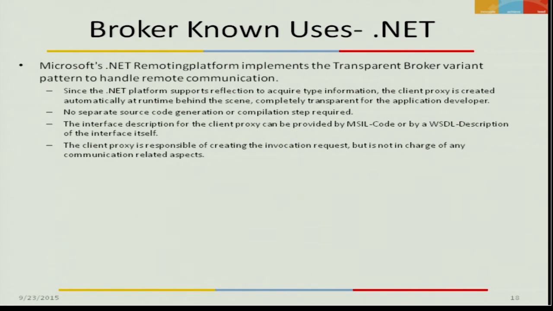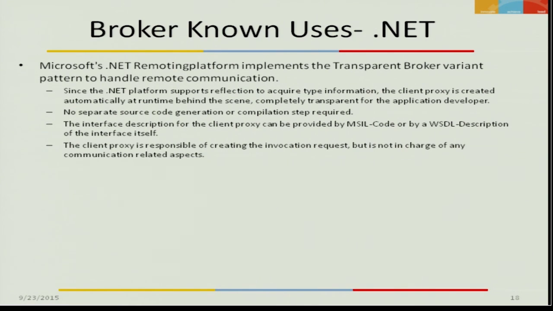So this eliminates an additional step. In fact, no separate source code generator or compilation step is required, unlike RMIC. In CORBA, everywhere it has this additional step. The stubs and skeletons are nothing but source code generators. The source code generator inside the IDL compiler would generate fully compilable C code.